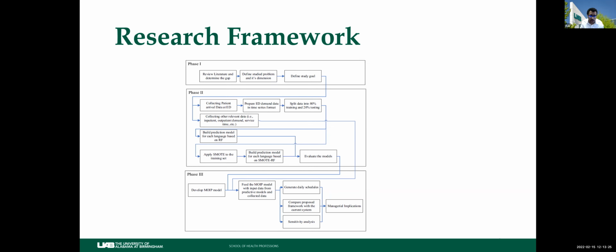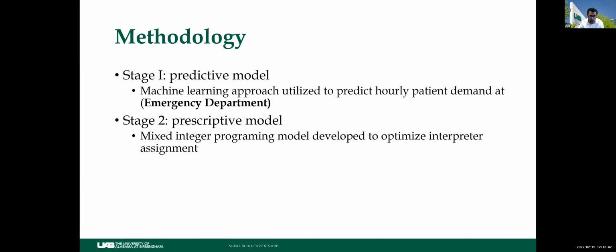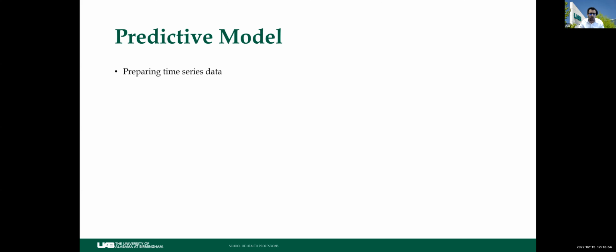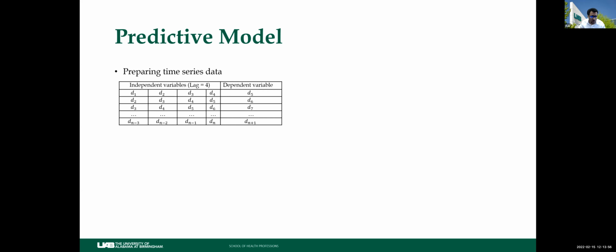So as I mentioned, stage one is the predictive model to predict the hourly patient demand at the emergency department, and the second phase is the prescriptive model, which is developing an optimization model that can be used to optimize the assignment of full-time and part-time interpreters. Since the demand at the emergency department is time series data, we need to use historical data.